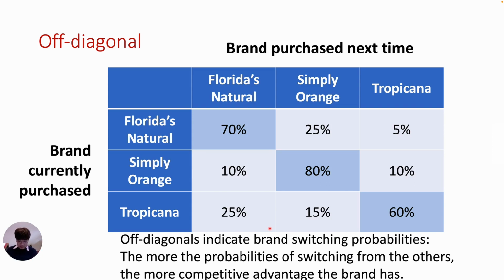Its off-diagonal probabilities are 10% and 25%. 10% means the probability of switching brand from Simply Orange to Florida's Natural, and 25% means that from Tropicana to Florida's Natural. If those probabilities are high, that brand has a competitive advantage to steal the customers from the competitors.